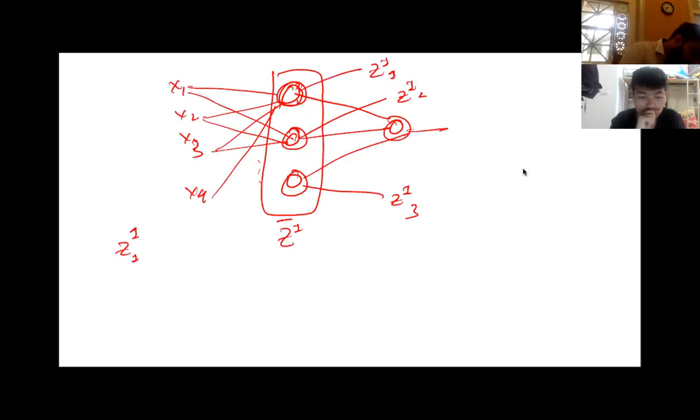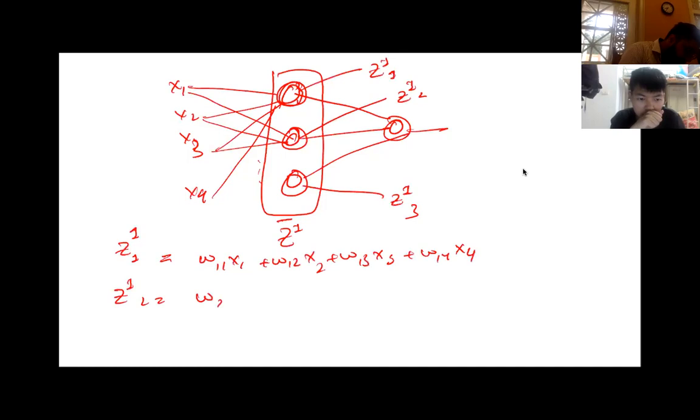So let me write the expression for Z11. This is W11 x1 plus W12 x2 plus W13 x3 plus W14 x4. Similarly, Z12 would be W21 x1 plus W22 x2 plus W23 x3 plus W24 x4.